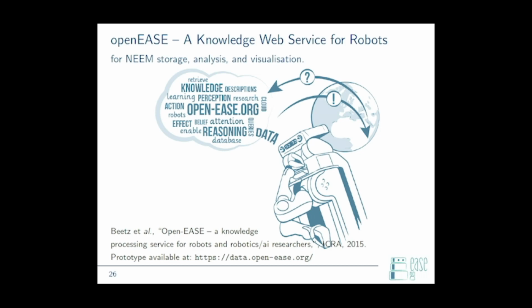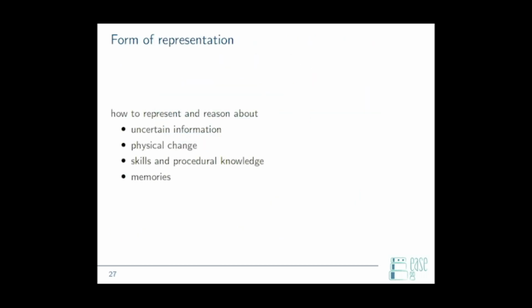We also have to think about how to represent and reason with uncertain information and with physical change. In many frameworks, skills and procedural knowledge are represented completely differently from declarative knowledge. And it also turned out in the last years that artificial memory structures are very important forms of organizing knowledge.